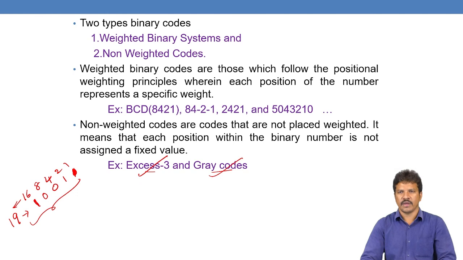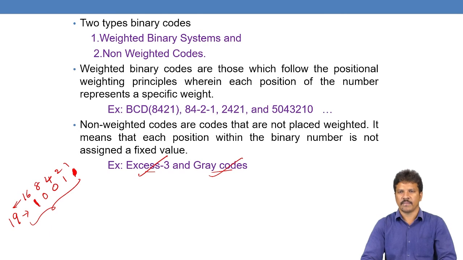Another way is non-weighted codes, which can be converted from binary code or from weighted code, like XS3. The property of weighted codes is that they can be used in a digital computer to represent a binary number.